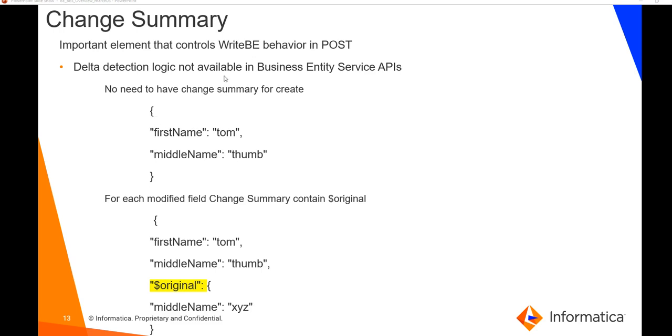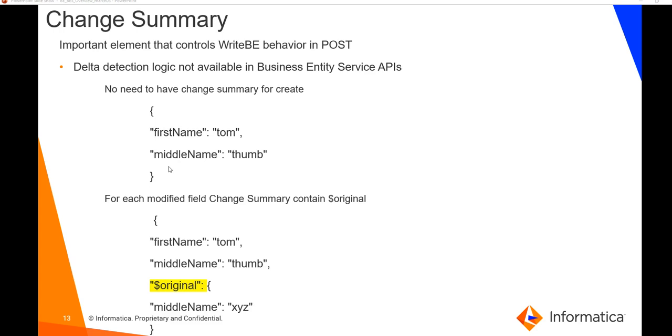In your write BE call, you pass the parameters you want to use, for example first name and last name, and you fire a REST call, and it will create an entity. But think of a situation where I have created it and now I want to do an update. The first time you fire this call, it will create. The second time, if you do this kind of call, again it will be treated as create only.